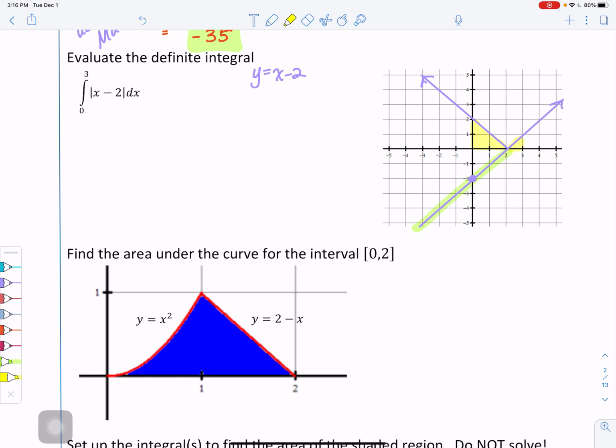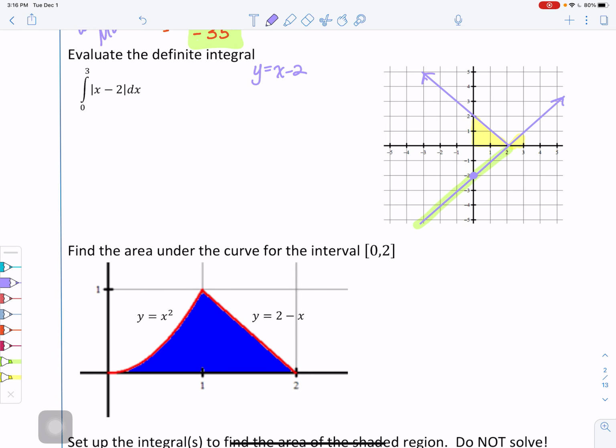Now you can go ahead and just use geometry and see if you can find that, or what you could do is split this up into 2. Geometry won't work for everything, though it would here. I want to make sure you understand that if you are finding the area under an absolute value curve like this, you can't just plug it into x minus 2, okay?